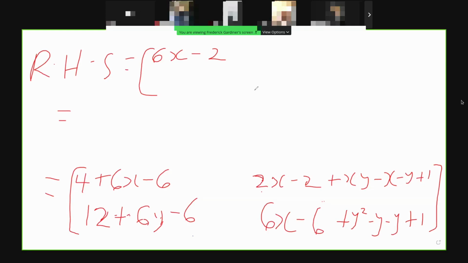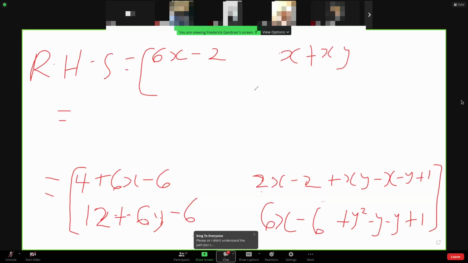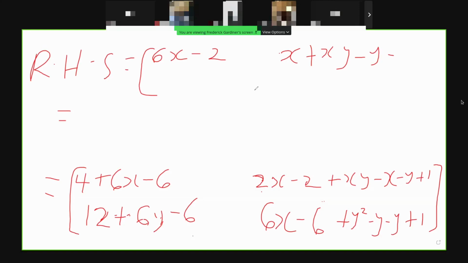We are going to have 2x, and I can see minus x. That will reduce the x to just 1x. You agree? Plus xy. Then I can see minus y. Then the constants, I have minus 2 and positive 1. Minus 2 plus positive 1 will be minus 1.